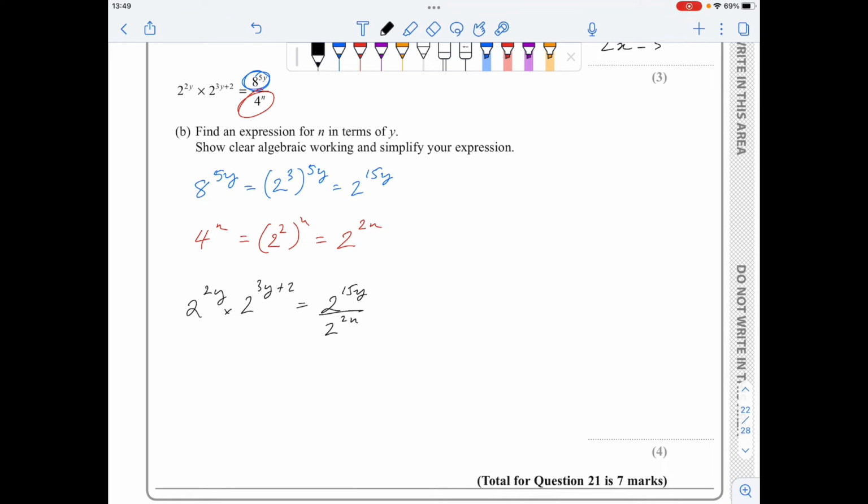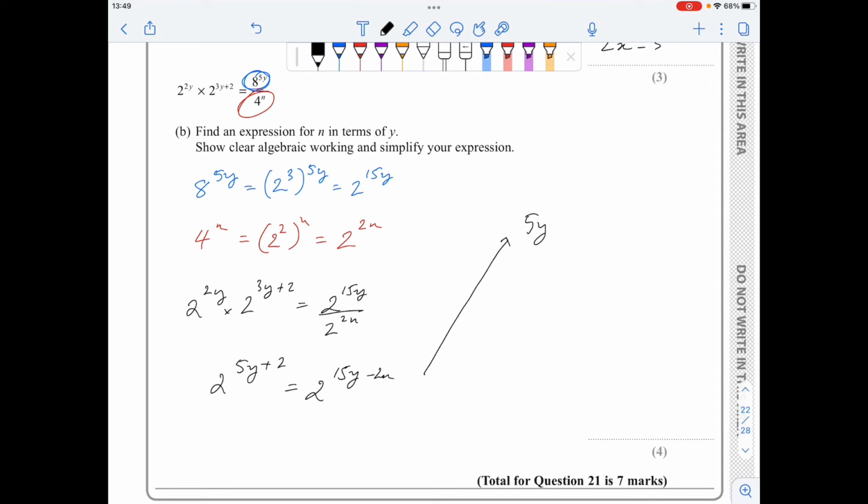On the left, I will add these powers. On the right, I will subtract the powers, so I get 2 to the 5y plus 2, and on the right, I get 2 to the power of 15y minus 2n. Now that I have one expression on the left, one on the right, I can equate the powers.